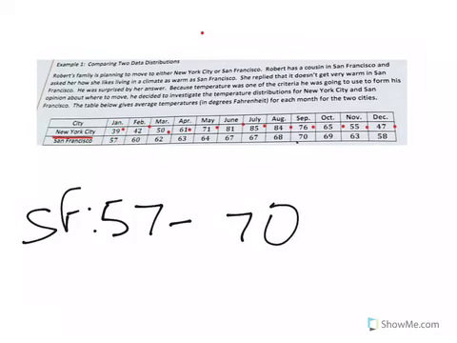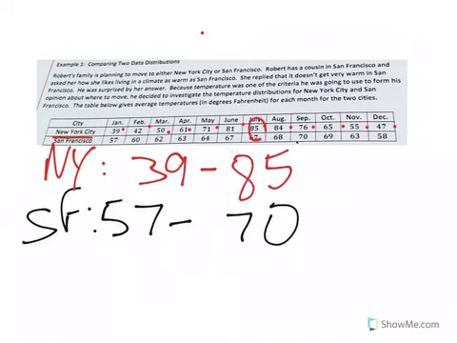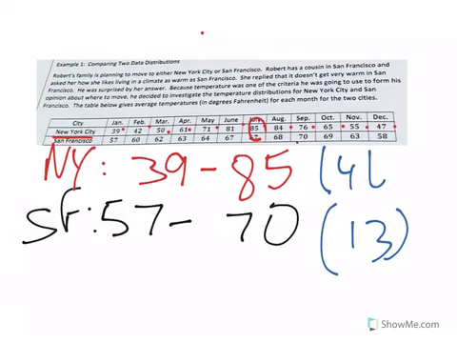Our low for New York is 39, and the highest average was in July, which is 85. Whereas San Francisco, the difference is only 13. In New York, the difference is 46 degrees between the coldest months and the hottest months. San Francisco, it's only 13 degrees.